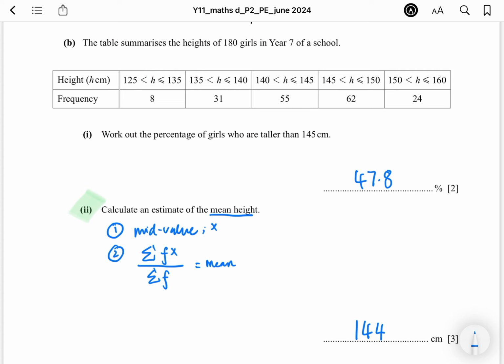So in the frequency table, you calculate the mid value: you add those two values together and then divide by 2, and you get the mid value.